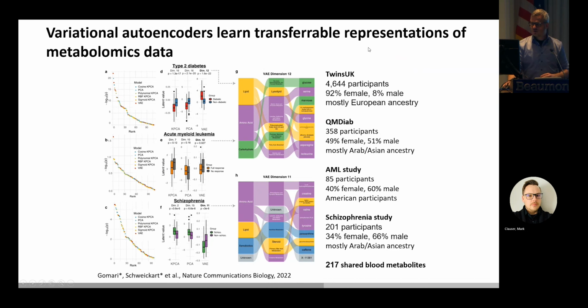That means even though we computed this complex model on a huge data set of a UK cohort with predominantly women, the core metabolomic wiring it identified in it contains so much information that it predicts disease, or in this case, classifies disease in metabolomic cohorts that are measured on a completely different topic, completely different site.